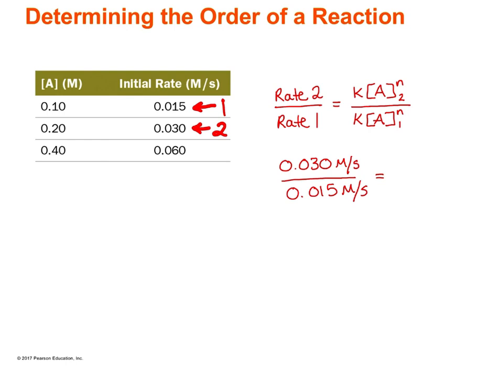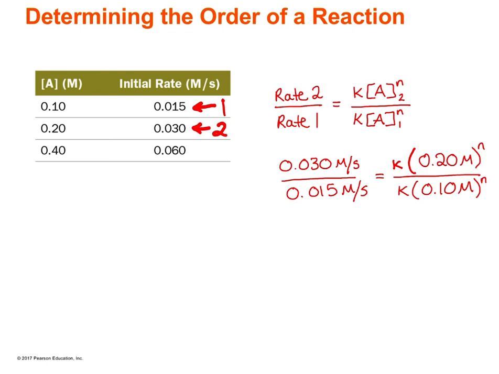Then we'll set that equal to our concentrations. The second concentration was 0.20 moles per liter, and the first concentration was 0.1 moles per liter. These are both raised to the power of n. I'm not going to include the subscripts because that was just to indicate whether it was our first or second concentration.